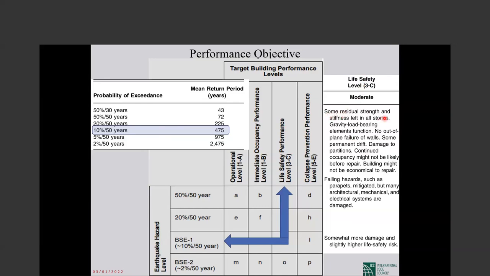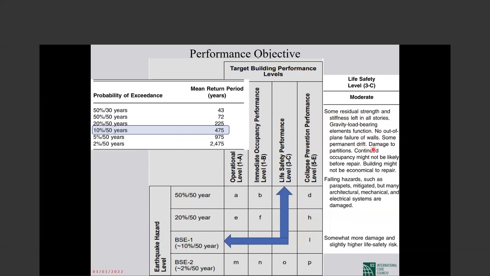Some residual strength and stiffness left in all stories. Gravity load bearing elements function. So fortunately, it did not collapse. No out of plane failure of walls. Some permanent drift, very interesting. So the building is not straight anymore.